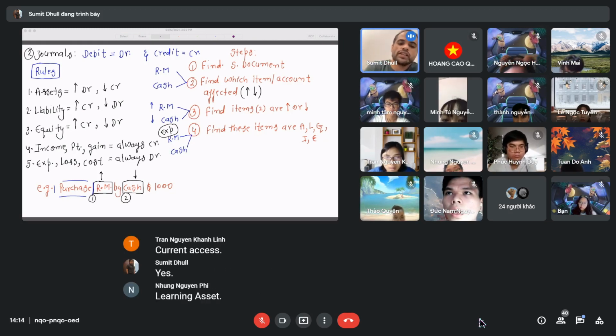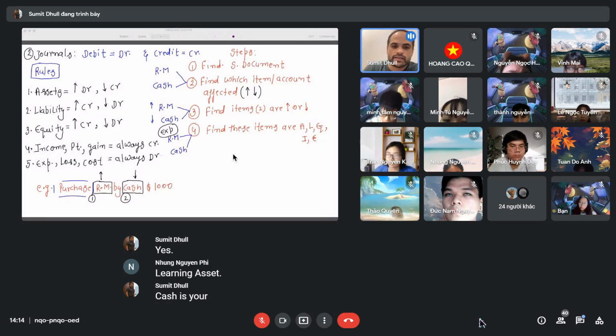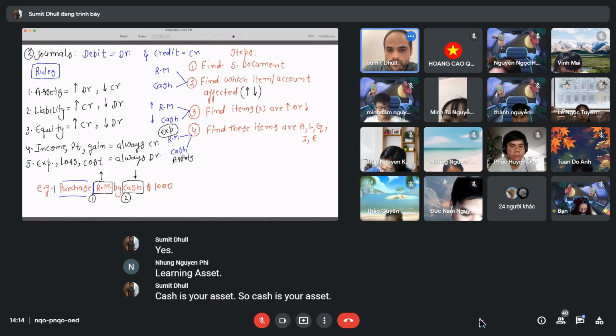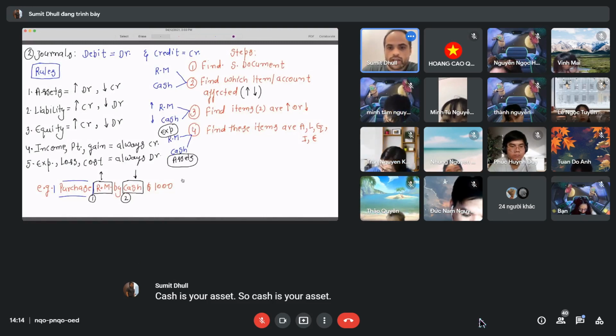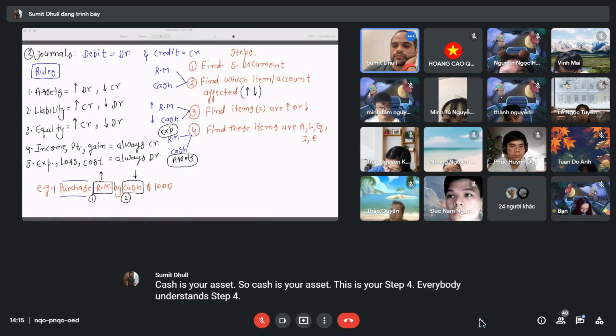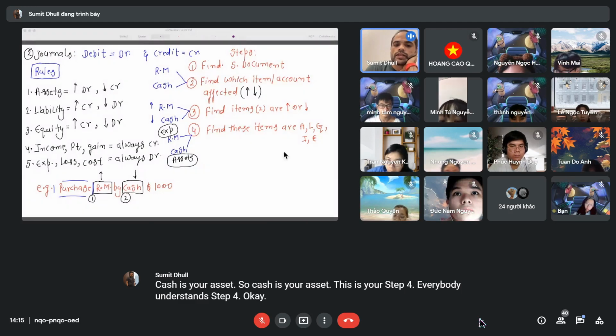Yes, cash is your asset. So cash is your asset. This is your step 4. Everybody understand step 4? Okay. Now, step 5.